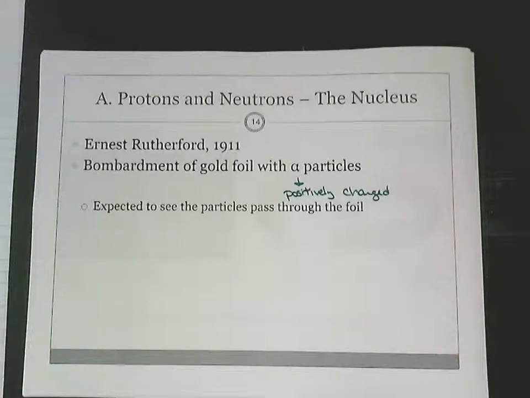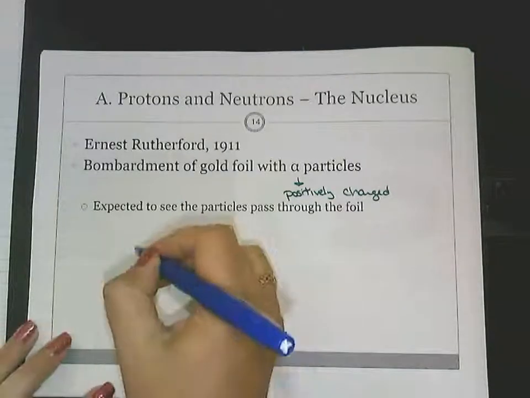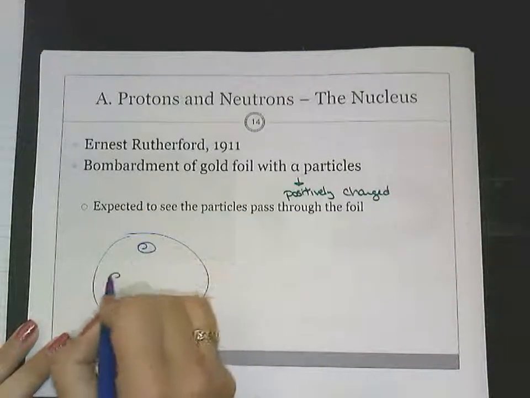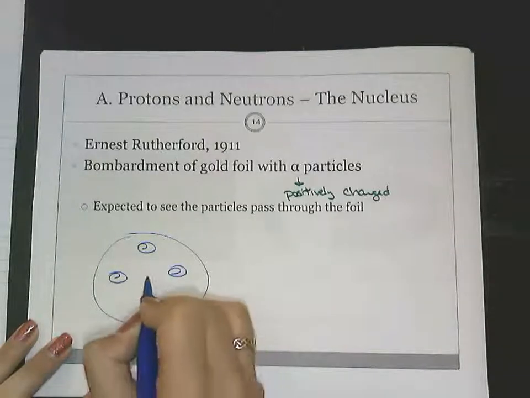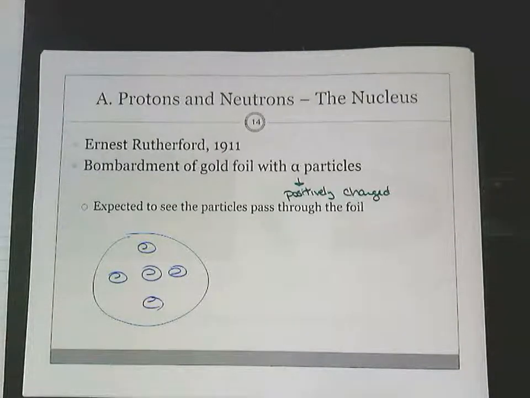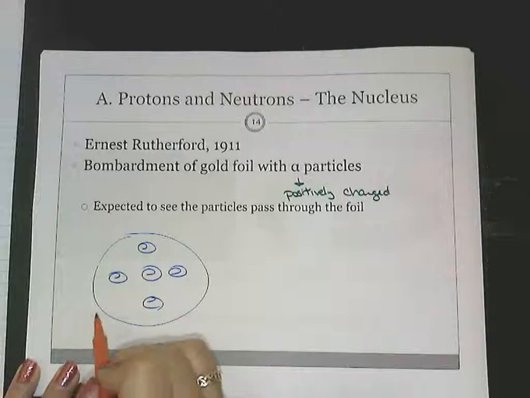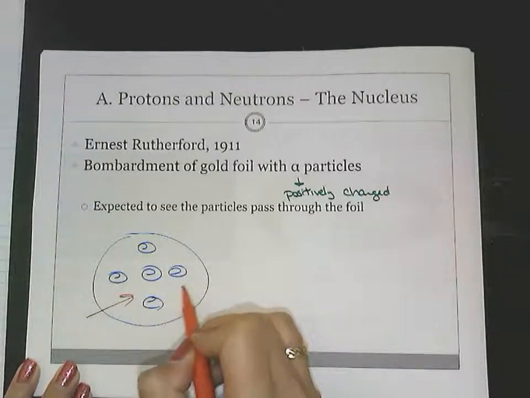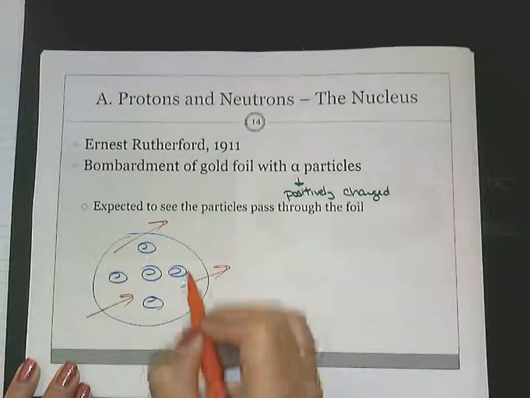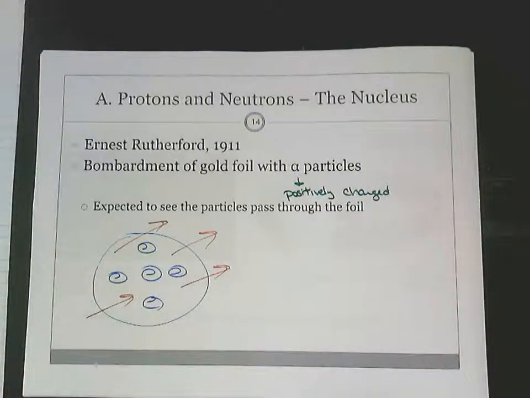And if, in fact, we had the blueberry muffin model, something like that, now he would expect these positively charged particles to just kind of zip right through, because the electrons aren't really in the way. Such a big space and just little tiny negative spheres that if the Thomson model was correct, it would just zip right on through.